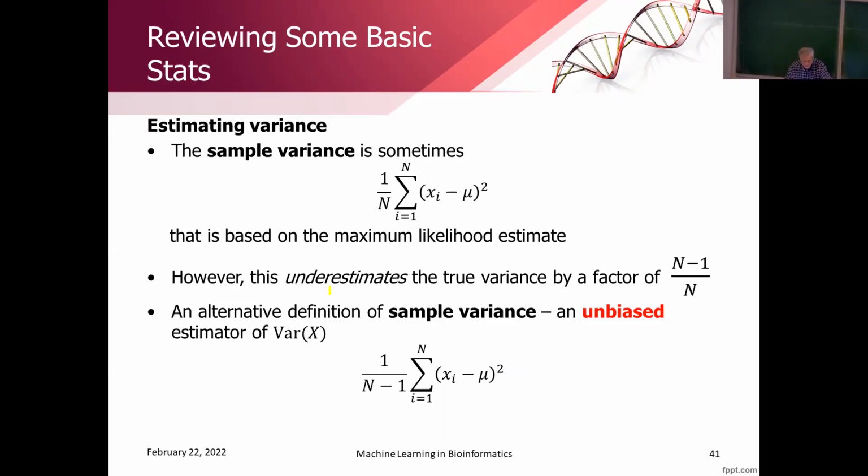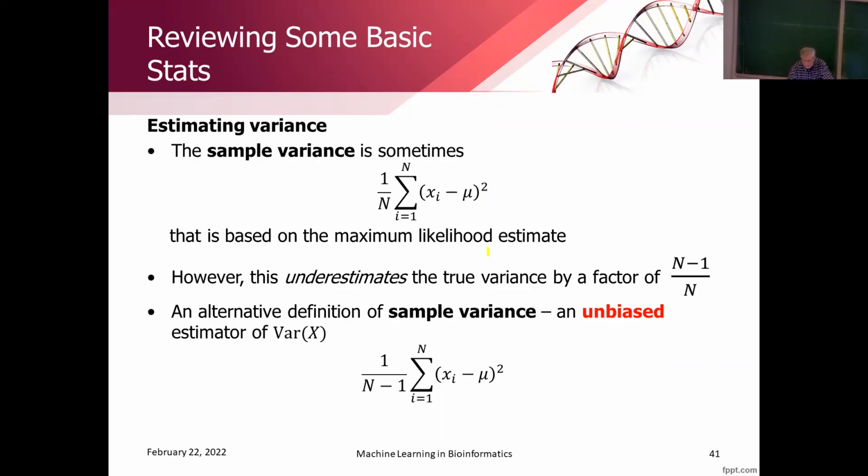Sometimes you can see the following formula. As in the previous case, we have capital N measurements, and we can compute the square differences between the value of the measurement and the expected value. We don't have the expected value, so for the expected value, we can just use the estimate, the sample mean.